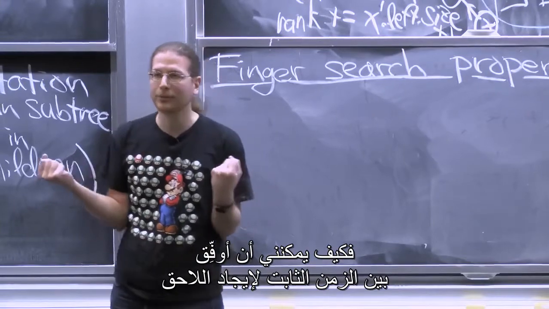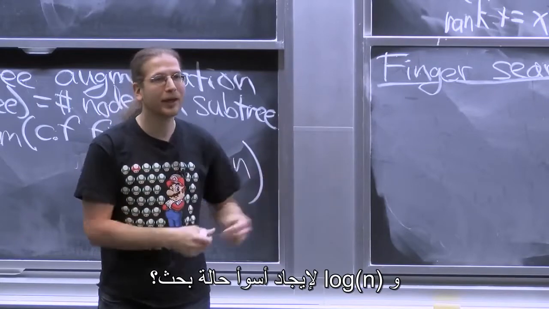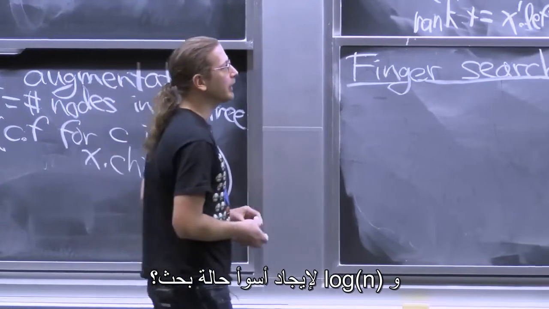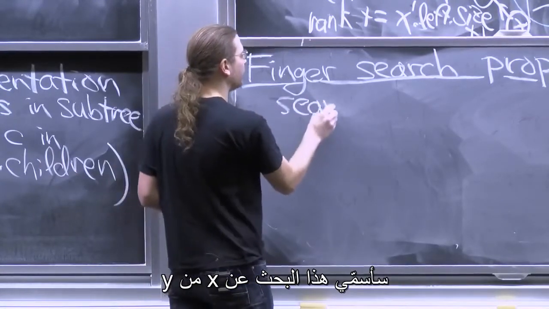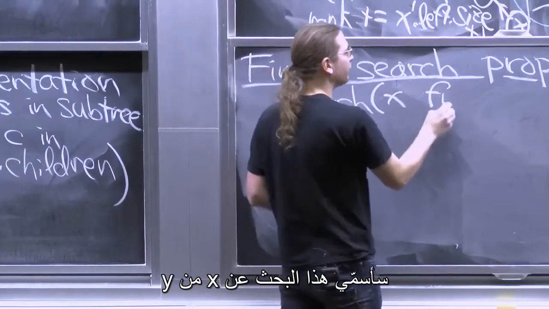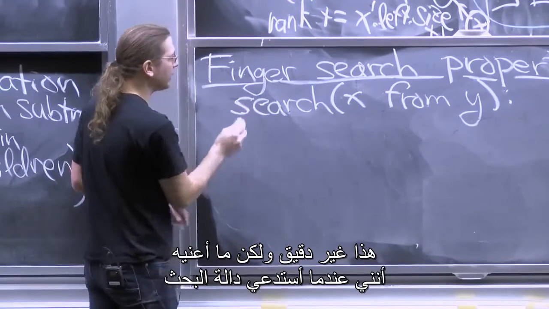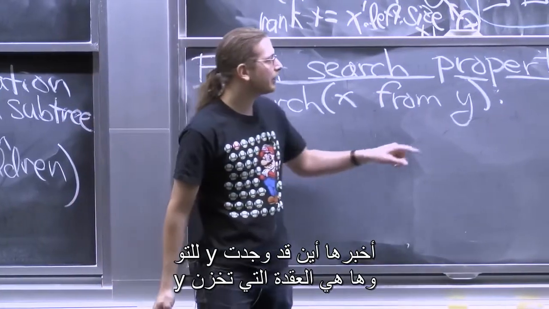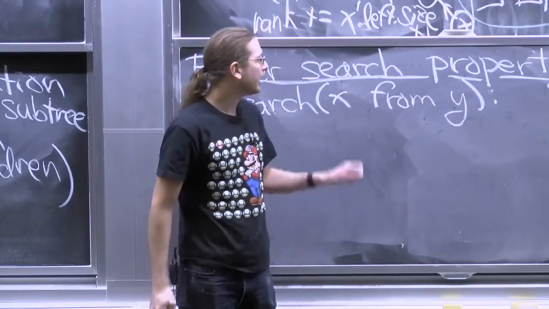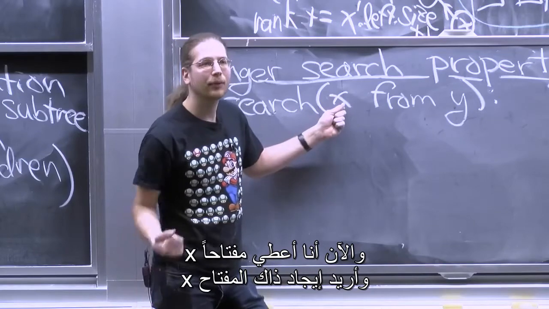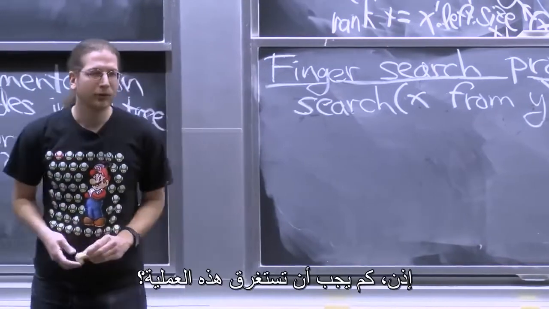So how could I interpolate between constant time for finding the successor and log n time for the worst case search? I'm going to call this search of X from Y. This is a little imprecise, but what I mean is when I call search, I tell it where I've already found Y. Here's the node storing Y. Now I'm given a key X, and I want to find that key X given the node that stores key Y. So how long should this take?